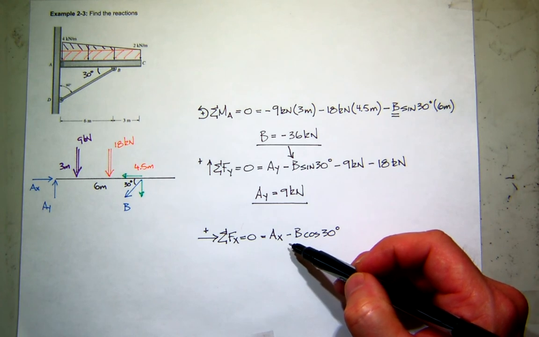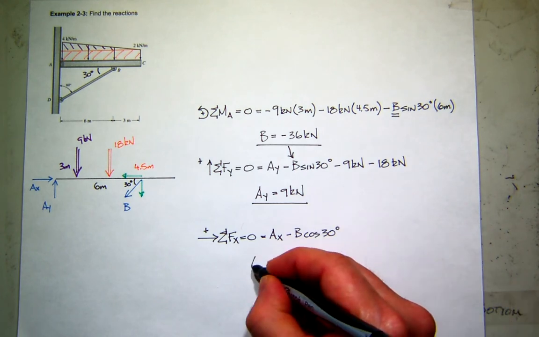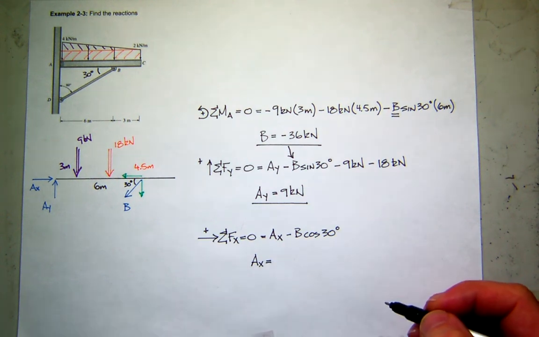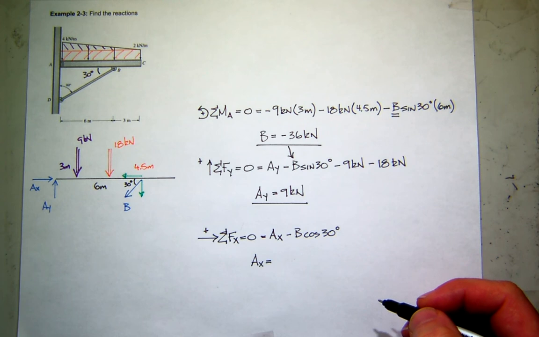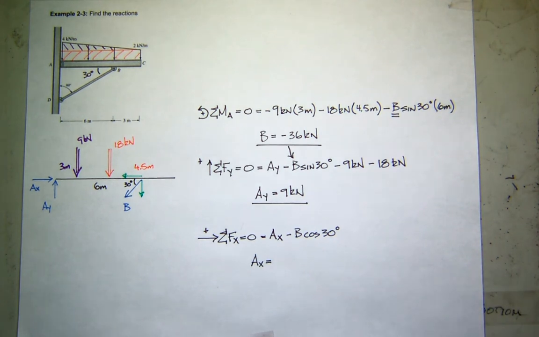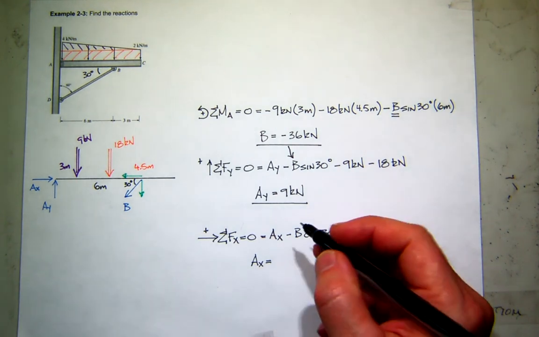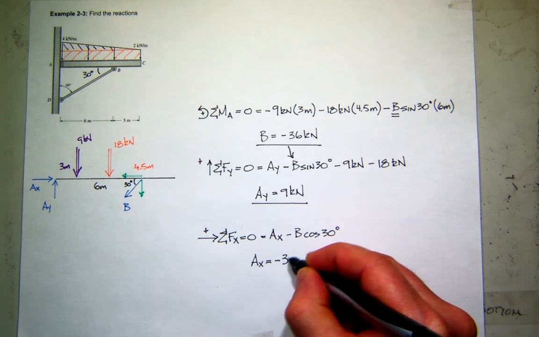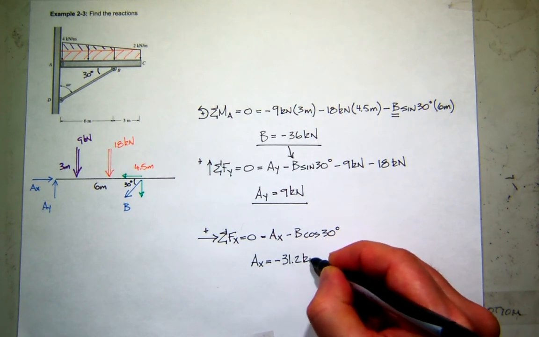So what is AX? Negative 31.2. That sounds reasonable. Anybody else get that? So that'd be negative 31.2 kilonewtons.